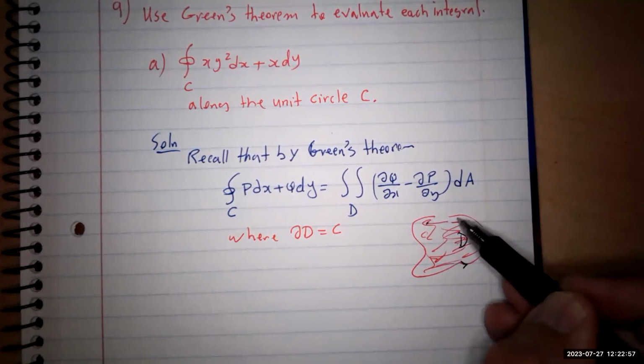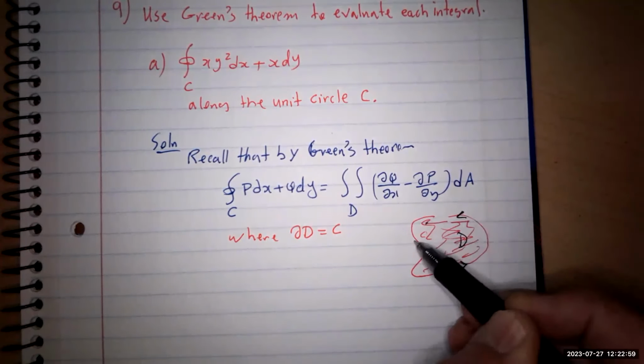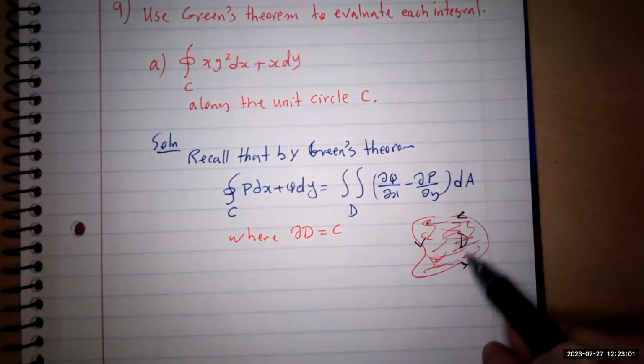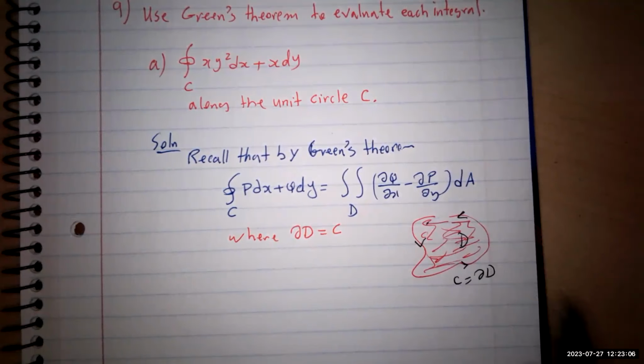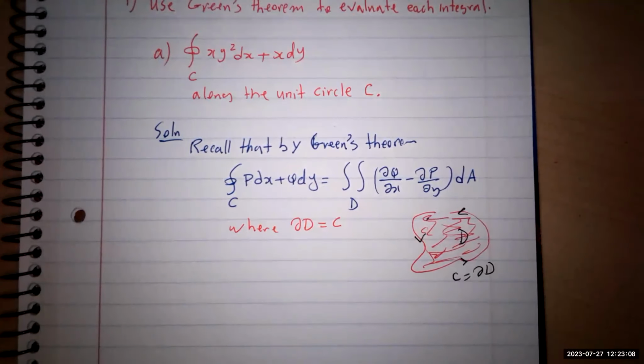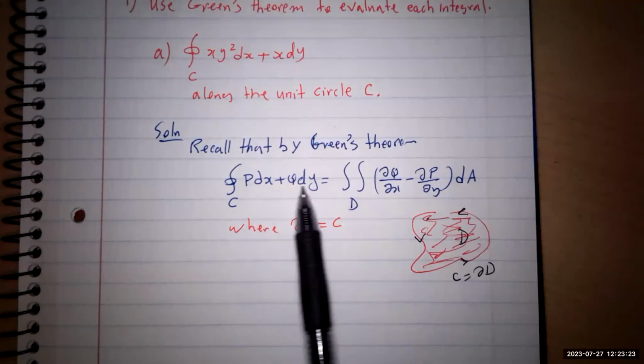It's like a fence. So the inside is D and the outside is C, and C is the boundary of D. If this is the situation, of course, your functions must be nice functions, with continuous partial derivatives. Then you can use Green's theorem.